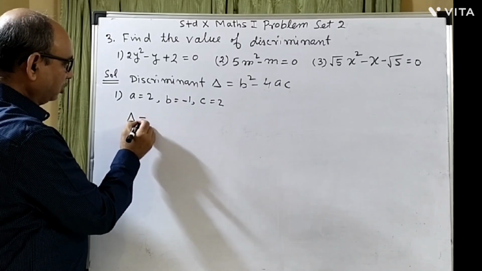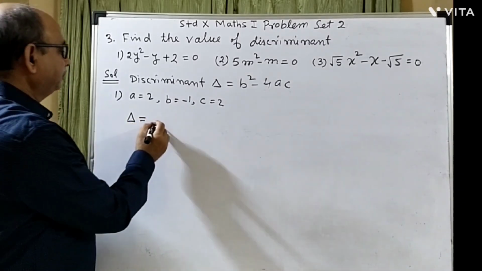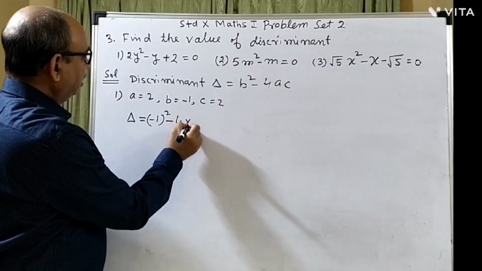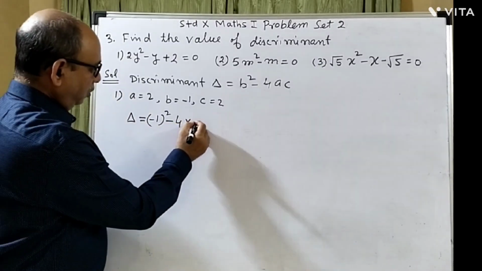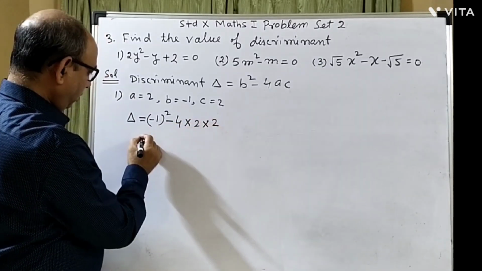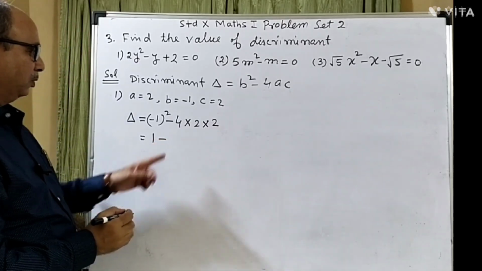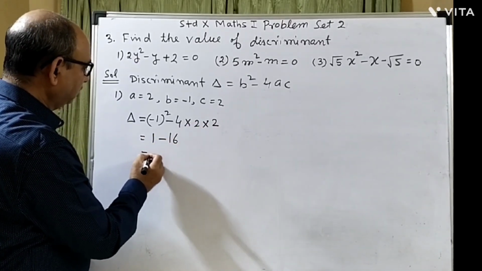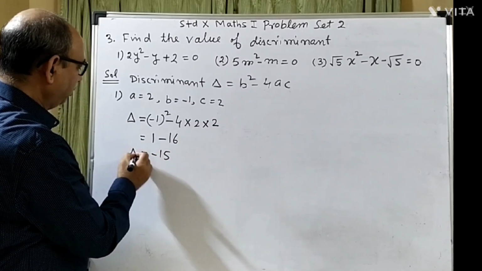So the discriminant delta is equal to b square, minus 1 square, minus 4 into a is 2 and c is also 2. This is equal to 1 minus 2 into 2 is 4, 4 into 4 is 16, 1 minus 16 is equal to minus 15.